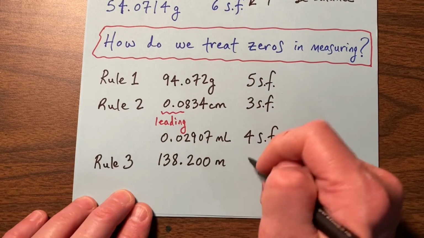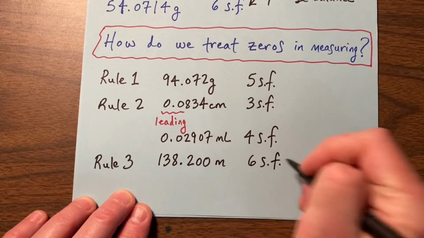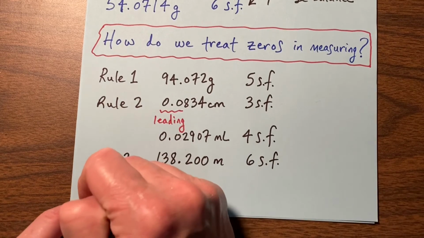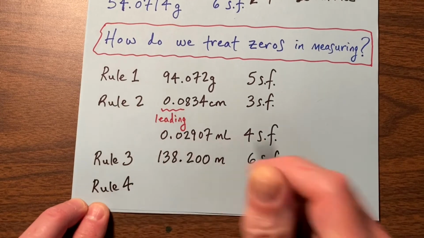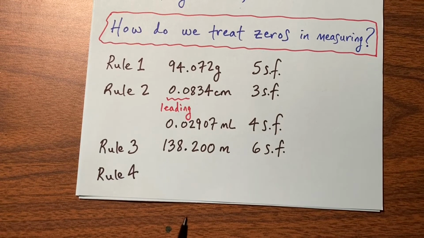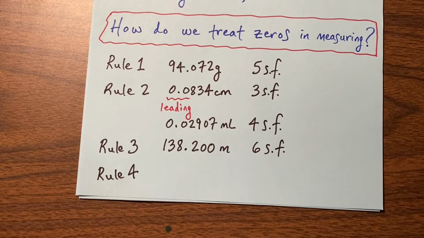They are significant. So this would have 6 sig figs in the measurement. And the last rule, Rule 4, is zeros at the end of a number and before an implied decimal point place. When I mean implied, I mean sometimes we write a really big number, but we don't put a decimal place.